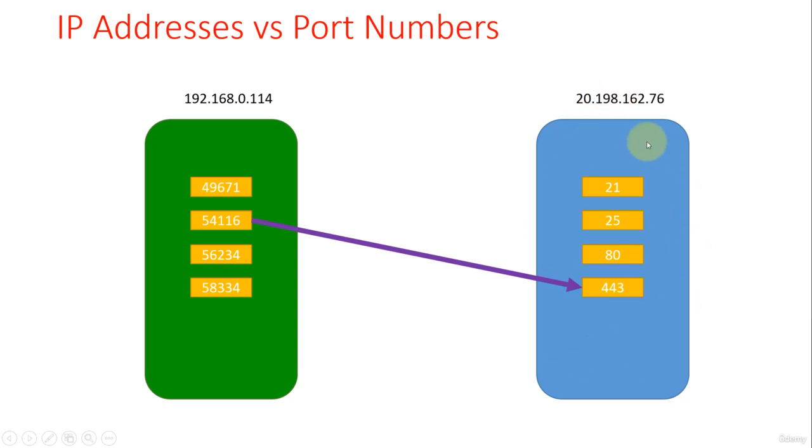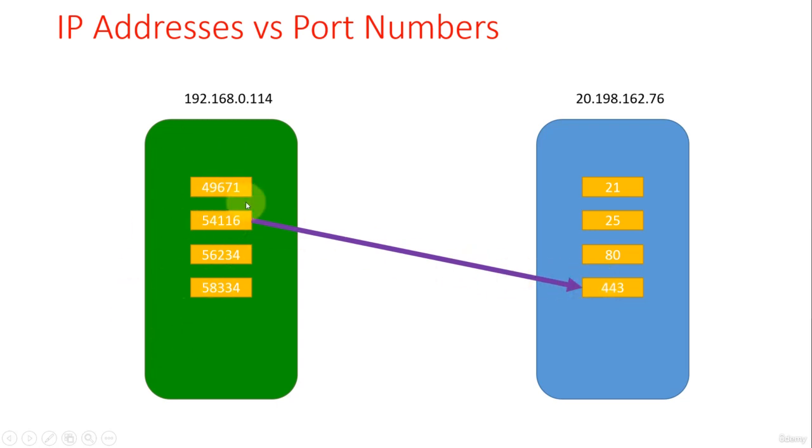This machine is typically a server because you can see the port numbers are well-known port numbers: 21 for FTP service, 25 for SMTP or email, 80 is for web server, and 443 is for Secure Socket Layer, SSL, which is also a web service but running encrypted over the internet.